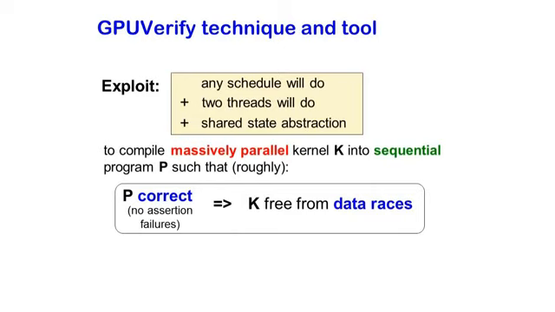And because we have a lot of techniques for analyzing sequential programs, in principle it should be quite easy to verify P. Of course, these sequential program verification techniques are far from fully automatic, so it is a challenge to analyze this program, but it's much less of a challenge than it would be to directly analyze a massively parallel program.